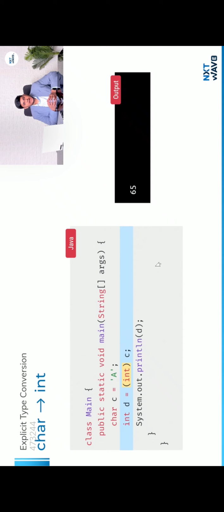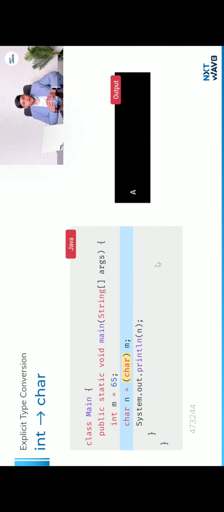So whenever we do an explicit type conversion, the character value gets converted to integer value and stored in the variable d. Because we are explicitly specifying, within the round braces, the type of the conversion that needs to happen before the variable, this type of conversion is called explicit type conversion or typecasting. You can try this out in the code playground as well.